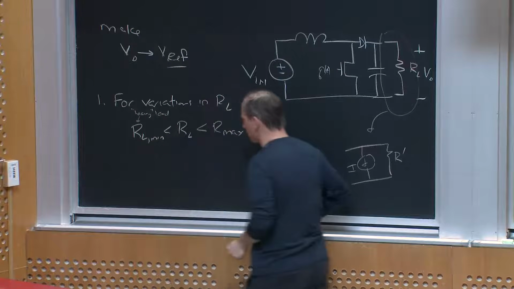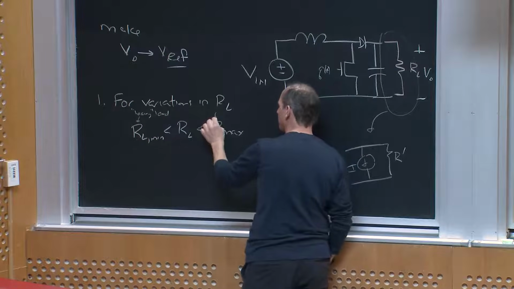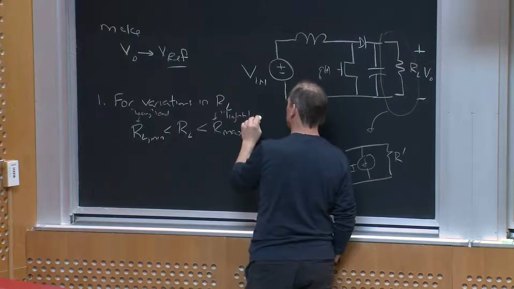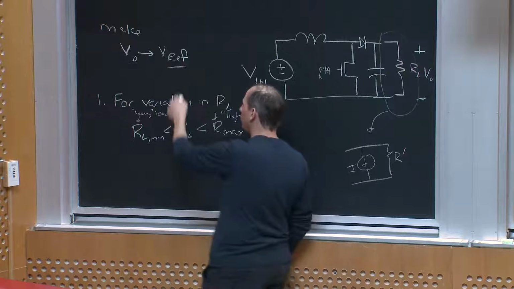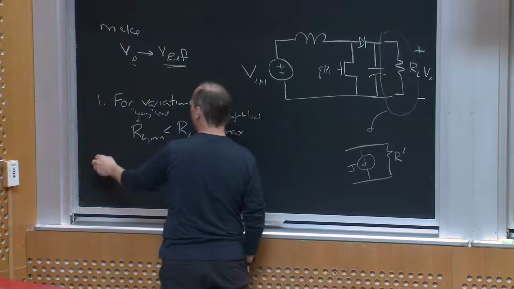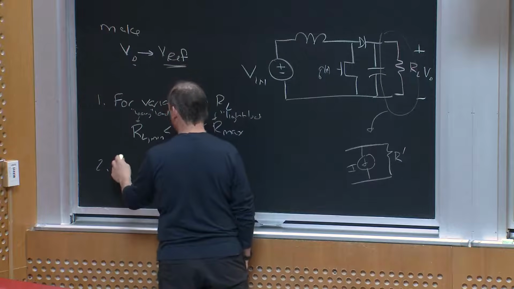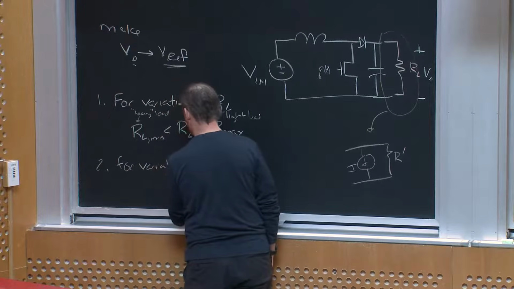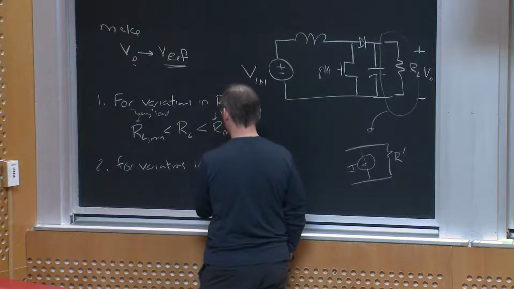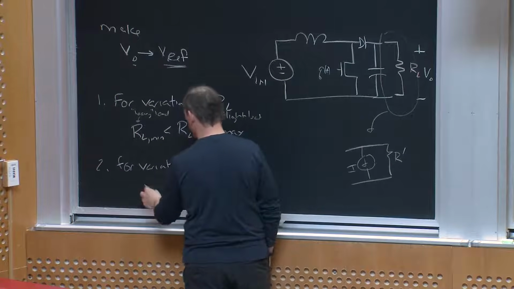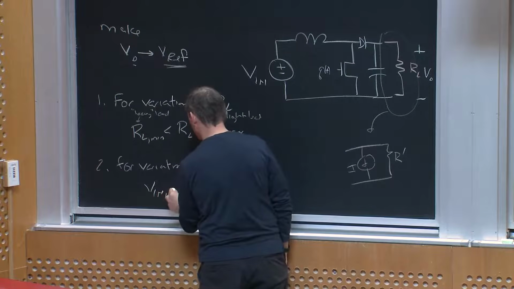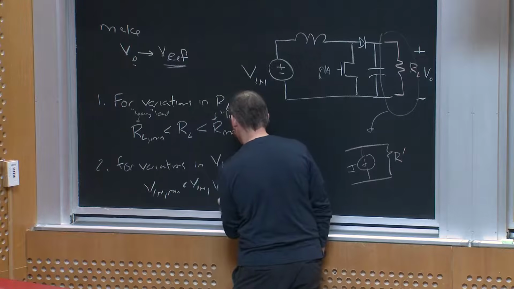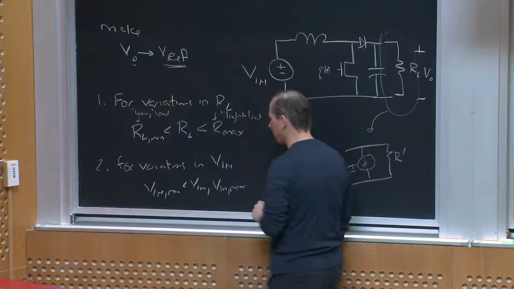Because the lowest resistance gives me the highest power, and this might be light load, okay? I also need to keep Vout near Vref for variations in Vin. So maybe there's a Vin min less than Vin less than Vin max, right, that I've got to deal with.